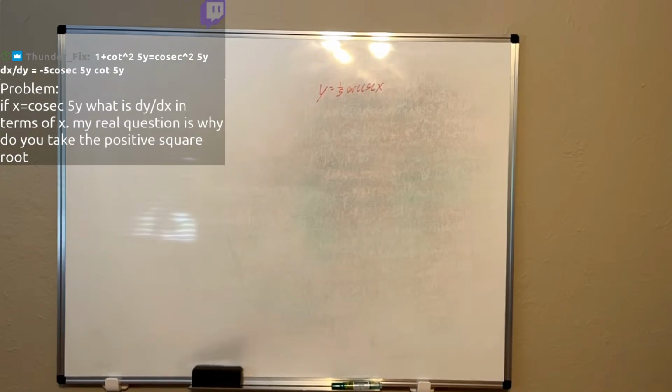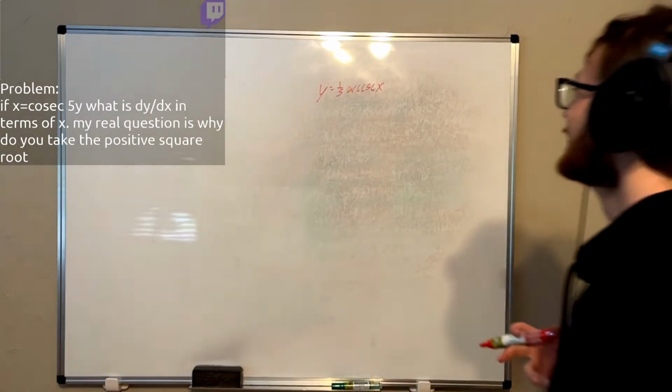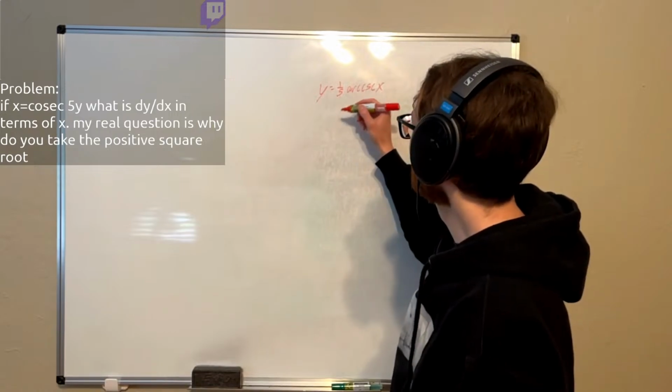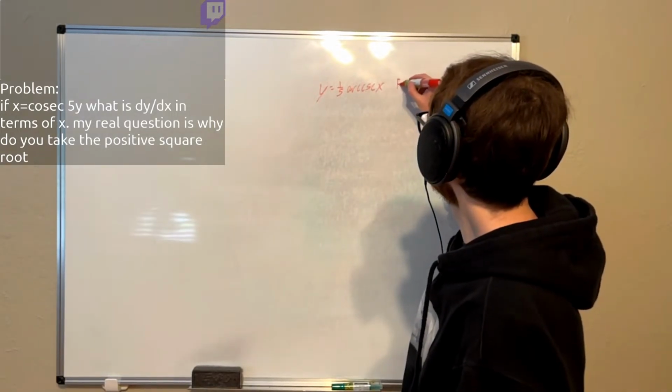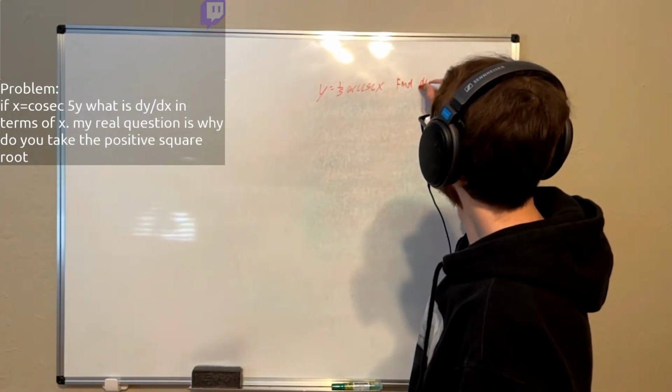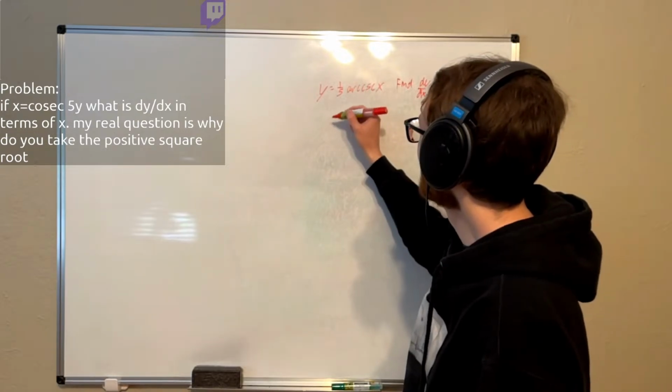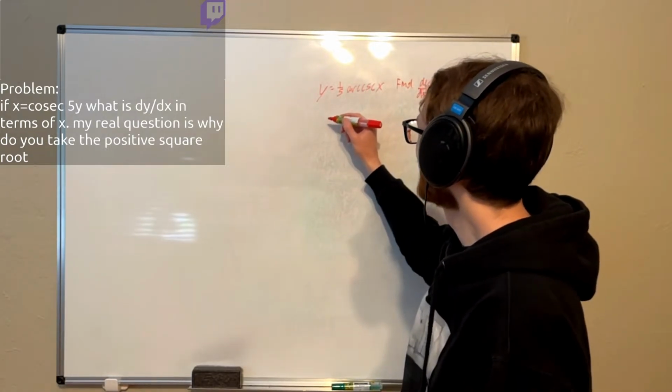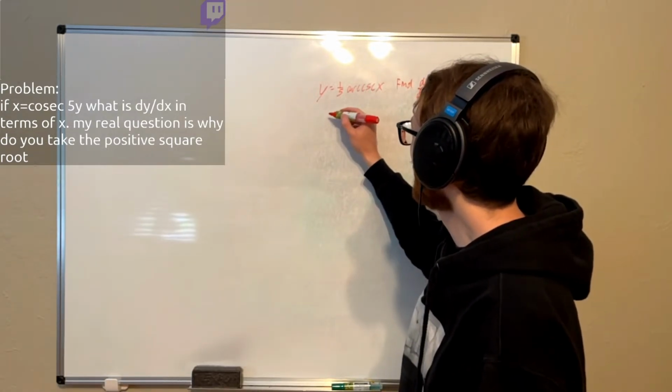One plus cotangent squared 5. What? I don't see where that's coming from. It might be right. I just don't see it yet. So we'll start by finding dx dy.